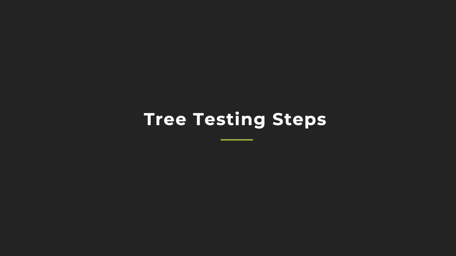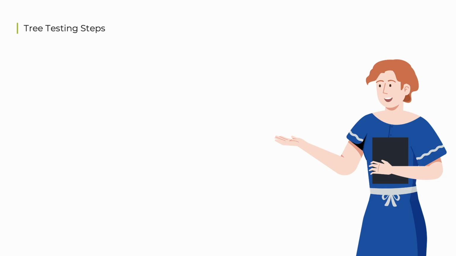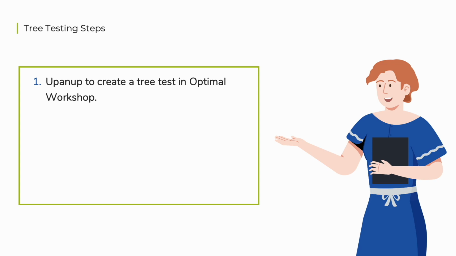Let's discuss tree testing steps. For a tree test in Optimal Workshop, we need two main elements: a tree or a sitemap ready to test, and the tasks or questions. Upanup will propose a set of questions, and based on your needs, questions could potentially include pre-study questions for background information such as demographic data.